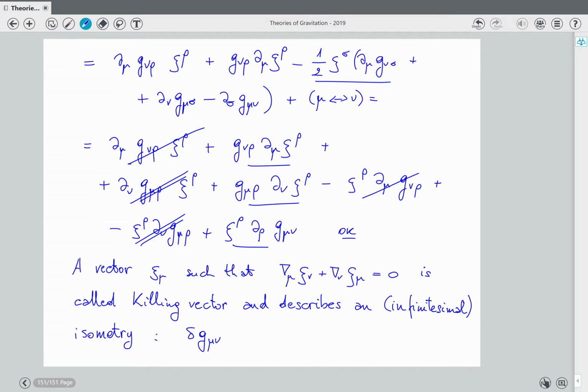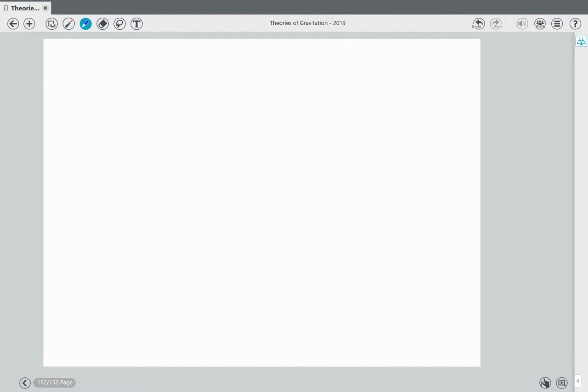Now, we start with the gravitational action in the Palatini form, and in the so-called first-order formalism. What is it?